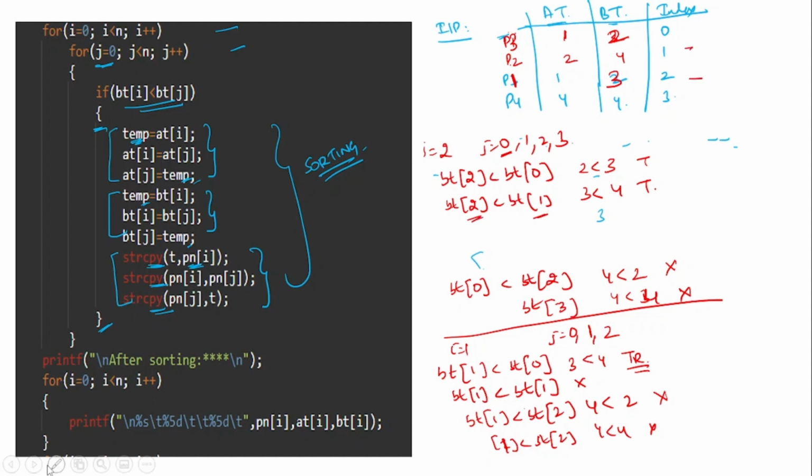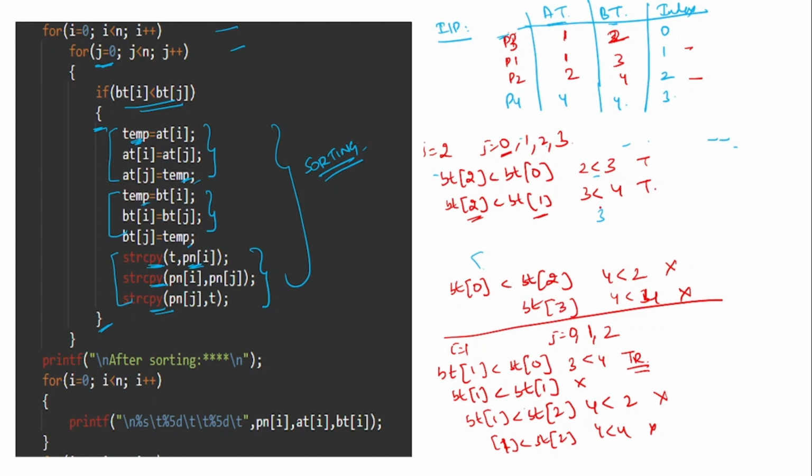So let me now erase it. So now it would be what? This would be p1, this would be p2, this would be 1, this would be 3, this would be 2, and this would be 4.